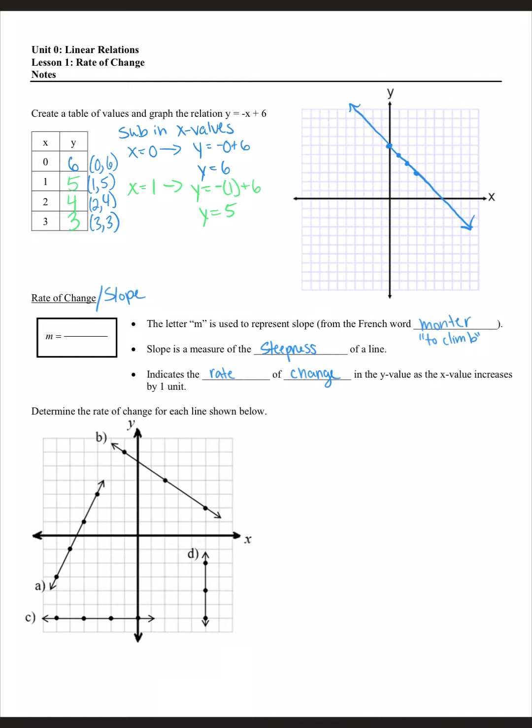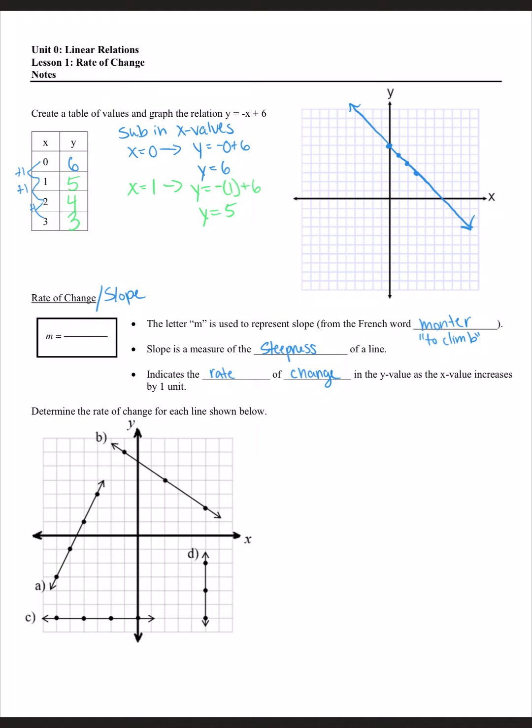If we look back at our table, our rate of change is what is happening to our y values as our x values increase by 1. As I go from 0 to 1, x is increasing by 1. From 1 to 2, it's increasing by 1. And from 2 to 3, it's increasing by 1 again.